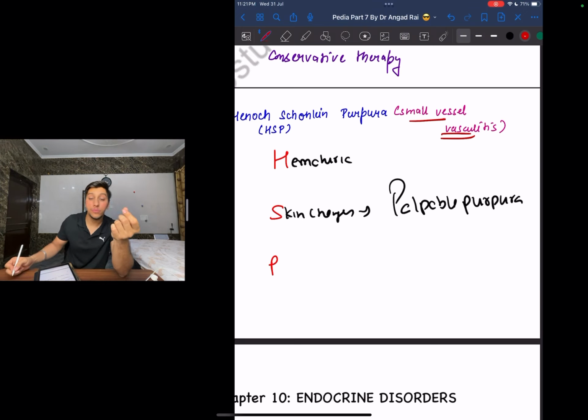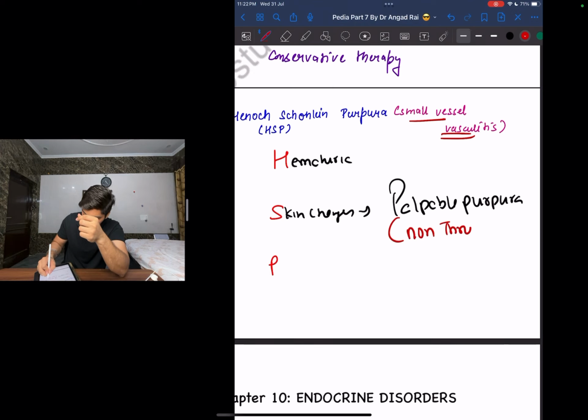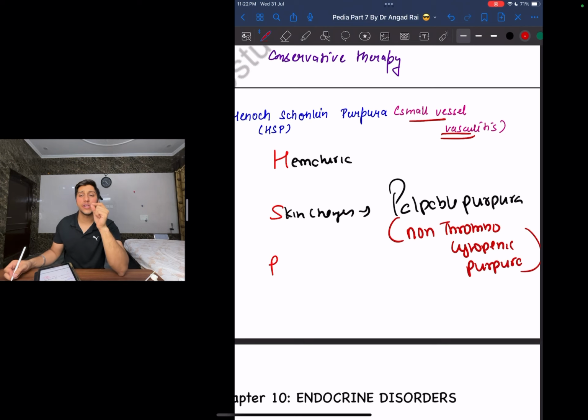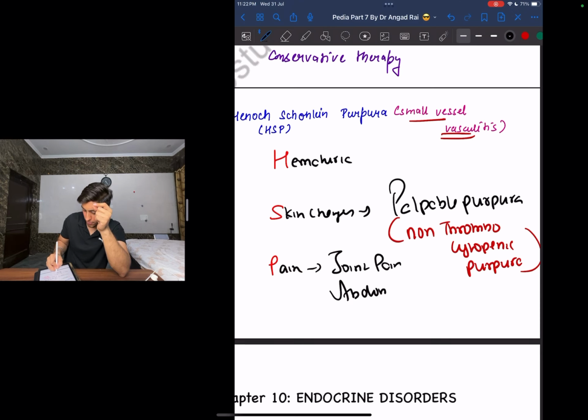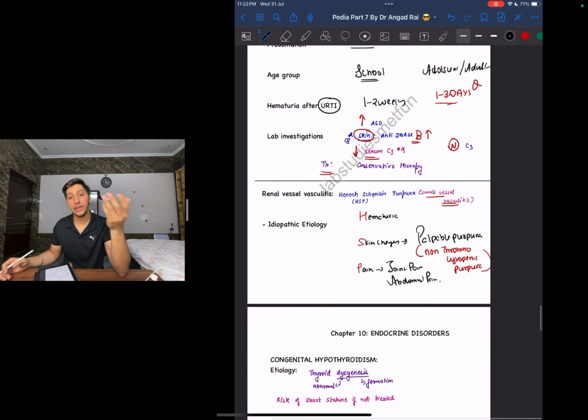Now, purpuras are usually because of thrombocytopenia, but over here, very important, it is non-thrombocytopenic purpura. And P stands for pain, that is going to be joint pain and abdominal pain. That is your renal vessel vasculitis, that is your Henoch-Schonlein purpura.